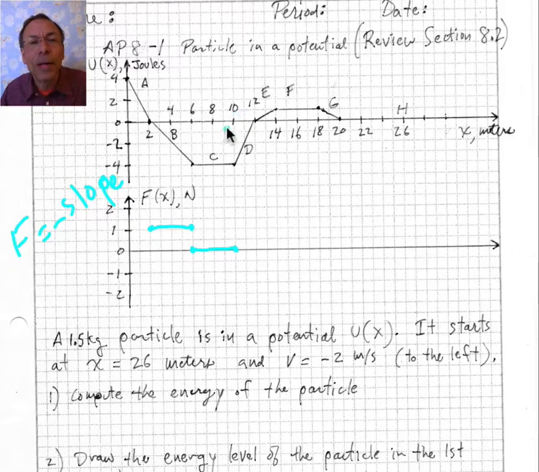Let's do one more. Here, the slope is, it goes up 4 and it goes over 2. So the slope is +2 joules per meter. That means that the force is -2 newtons. Right?